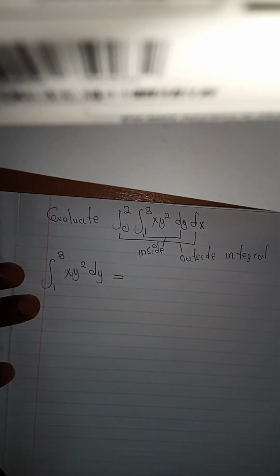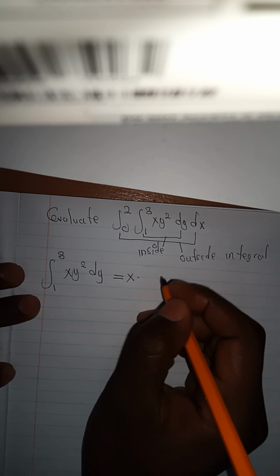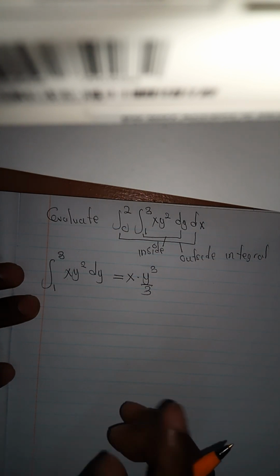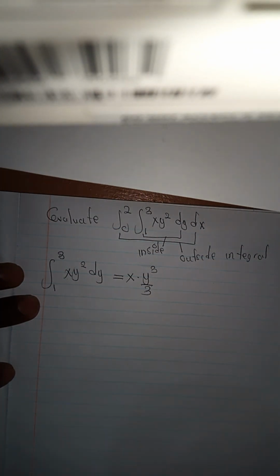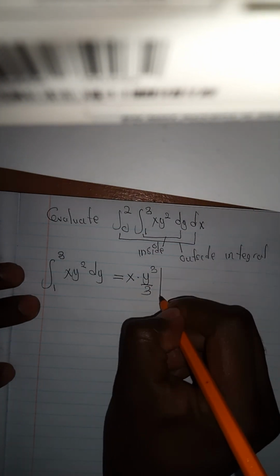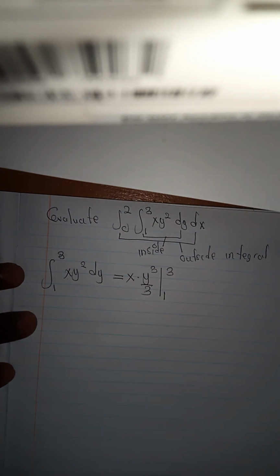This is going to be x times the antiderivative of y squared, which is y cubed over 3, because we add 1 to the exponent and then we also divide by the new number. So the limit ranges from 1 to 3. I'm sure you'll get that very simple.